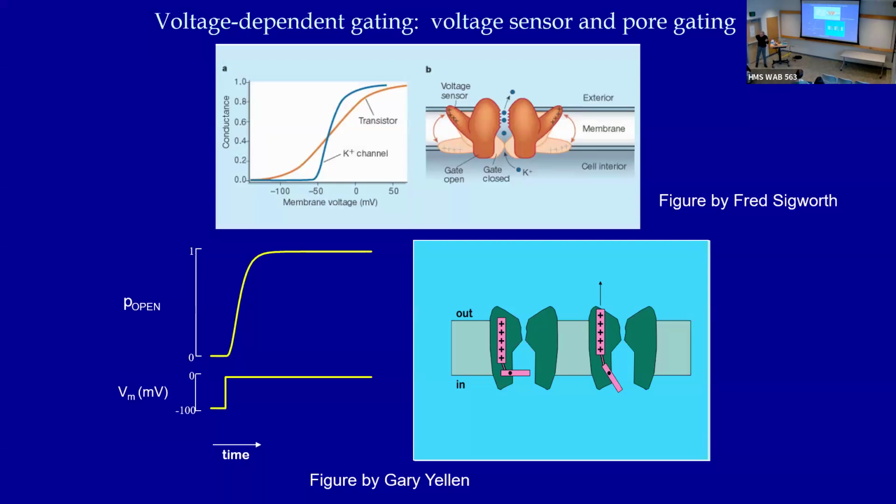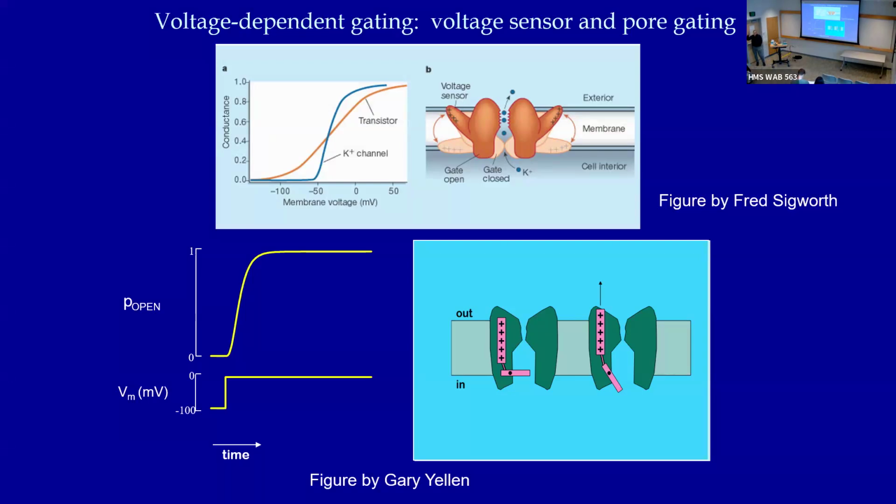Okay, so the way the voltage dependence of the channels works, we still don't totally understand. But the basic idea is that there's a voltage sensor inside the channel. There's a charged region of the channel that has positive charges.